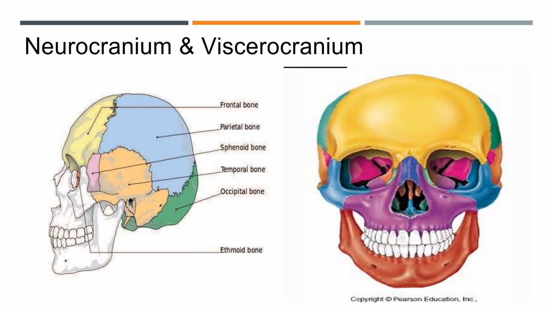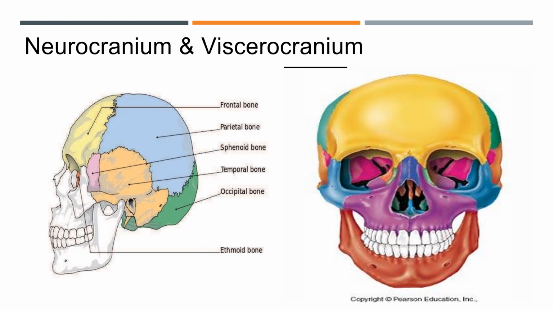Some of these bones are single, like the frontal bone, which forms the forehead and the superior part of the eye sockets. Others are paired, like the parietal bones, which are located on each side of the skull and meet on the top to form the roof of the cranial cavity.